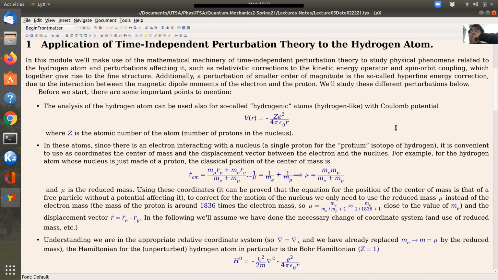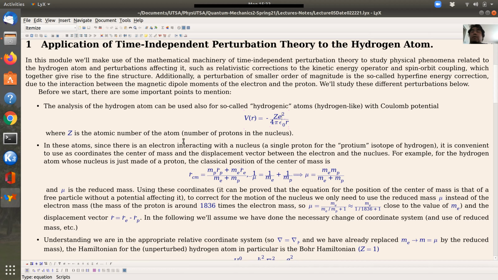As you know from your previous course, the potential of the unperturbed hydrogen atom is a Coulomb potential, which has 1 over r dependence, and Z is the atomic number, the number of protons in the nucleus.